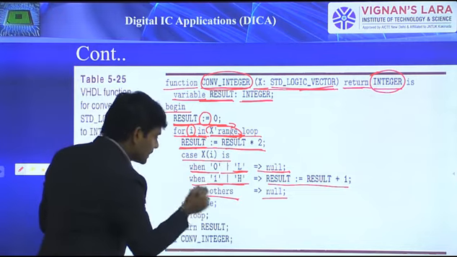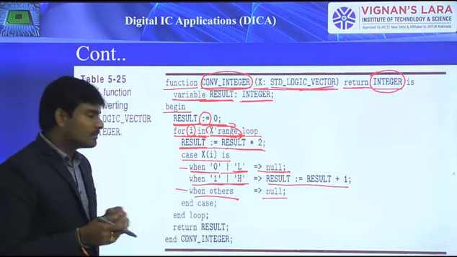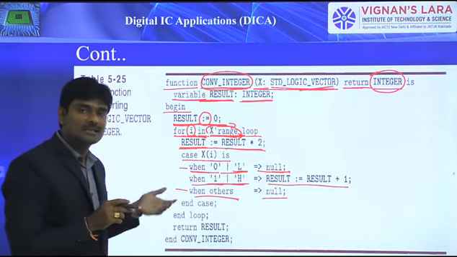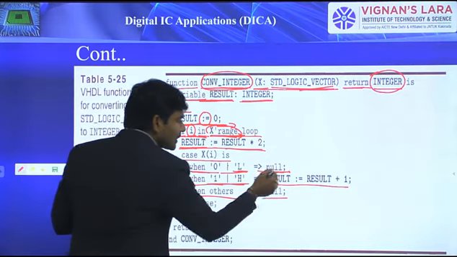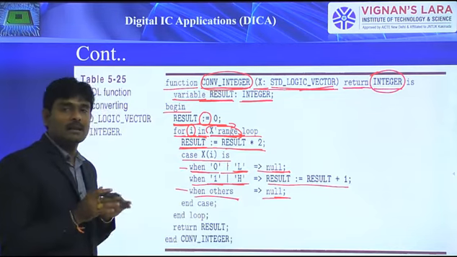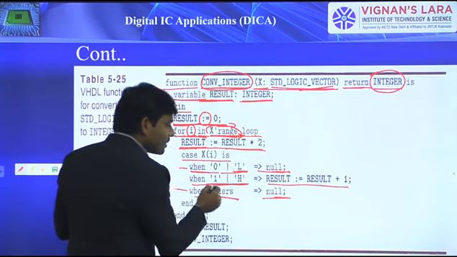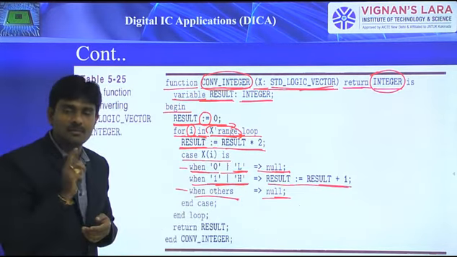For these cases no operation is needed, and the values of the previous variables and signals remain as they are. Only for these two combinations, this sequential statement occurs, incrementing the result by 1.